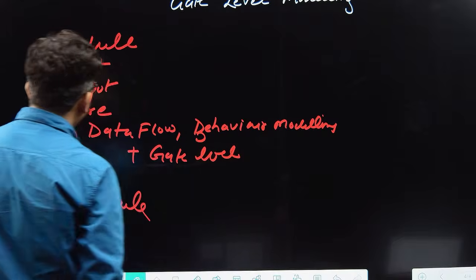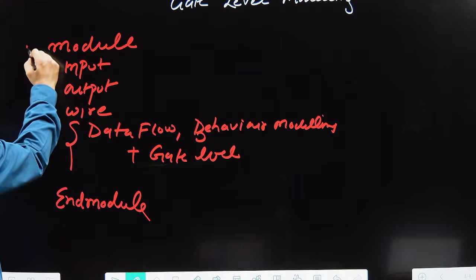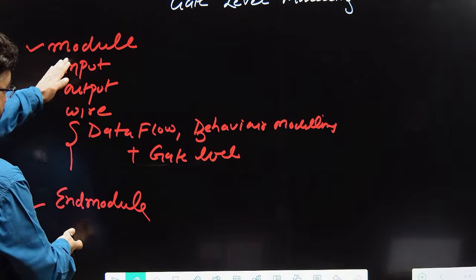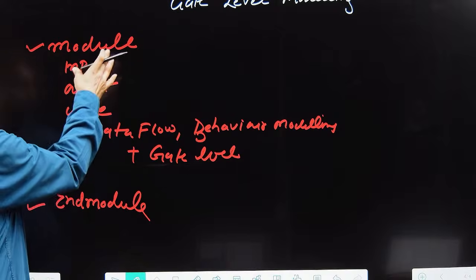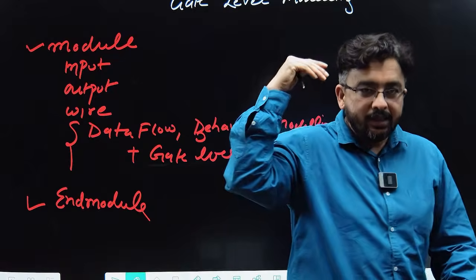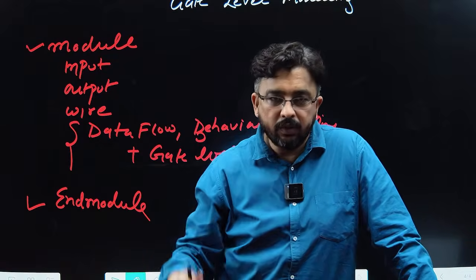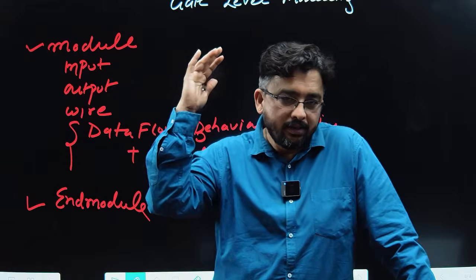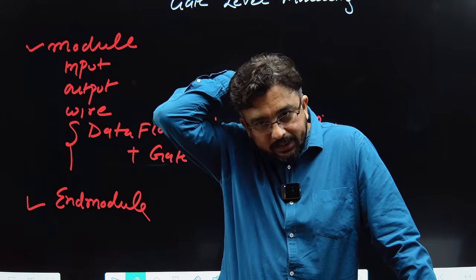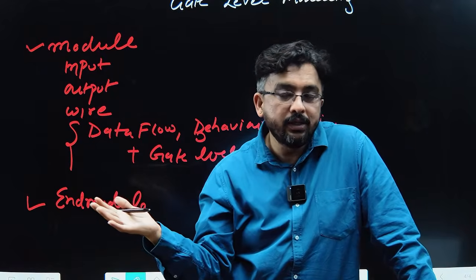So you have to start with the keyword module and end with the keyword endmodule. Between module and endmodule, you have to define the input, output, wire, range, and gate level modeling, how you are calling the components. In data flow modeling, you call the operators with the help of assign statements.